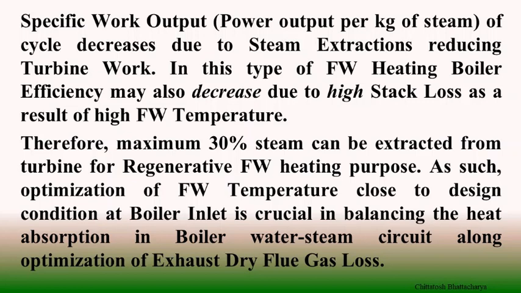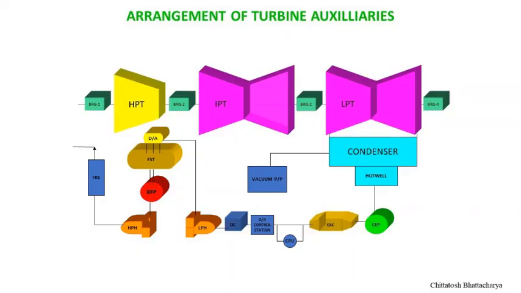Therefore, a maximum of 30% steam can be extracted from the turbine for regenerative feed water heating, and the feed water inlet temperature should be optimized close to the design condition at the boiler. It is important to balance the amount of heat absorption in the boiler water steam circuit and how much feed water heating will be employed for the purpose of cycle improvement.